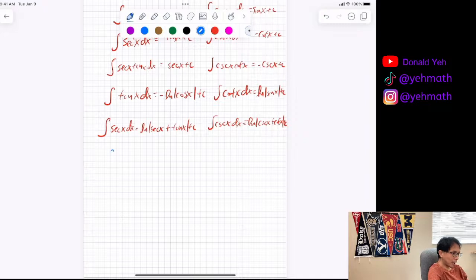Just a side reminder, how do I take the integration of tangent squared of x dx? This is not something in the textbook, because no derivative is going to give you tangent squared of x.